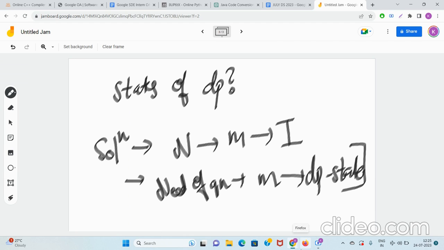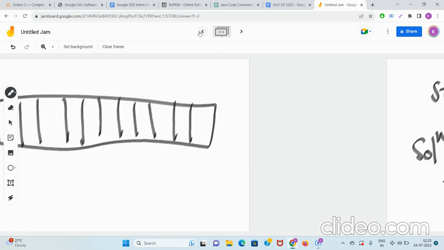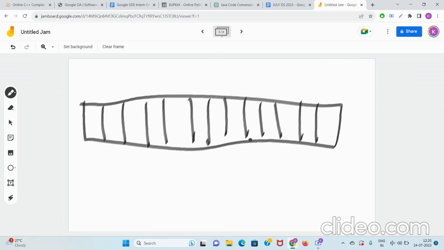So to optimize this, we have to make some extra states now. So what was happening in the past? Try to see it very carefully. We were considering these possibilities.